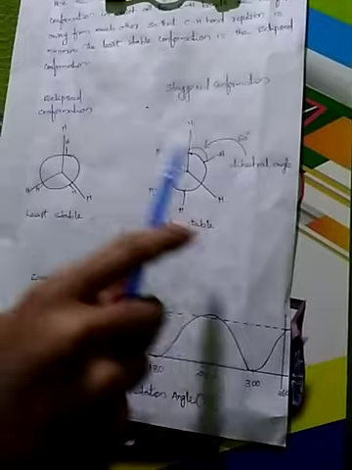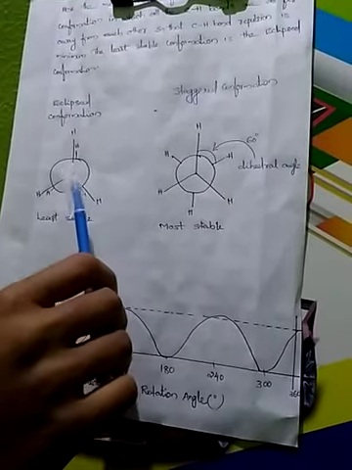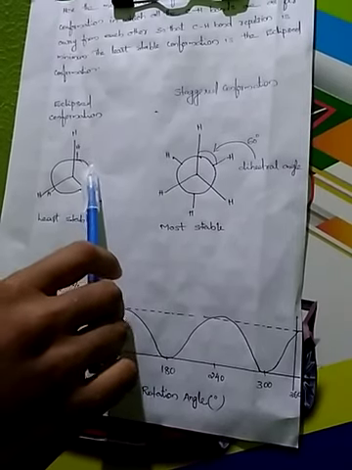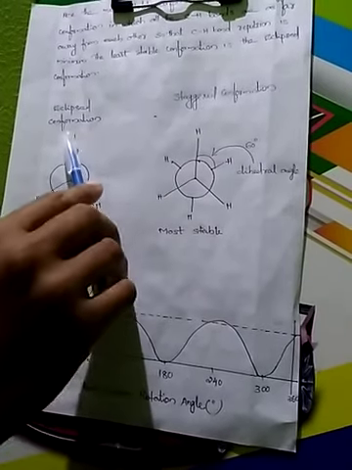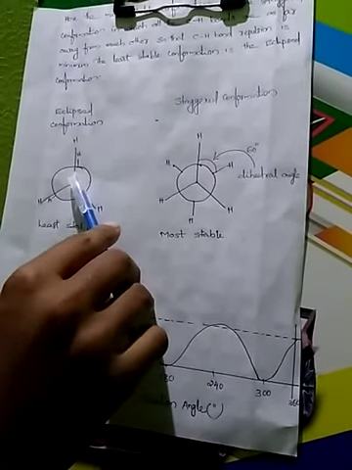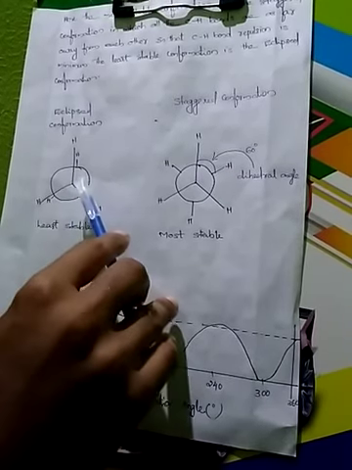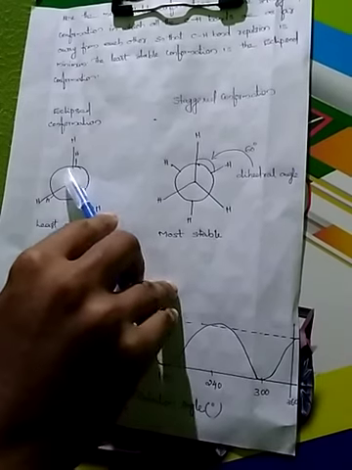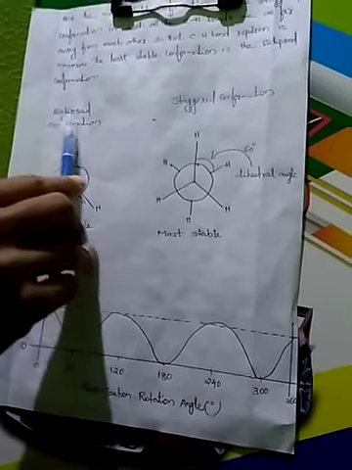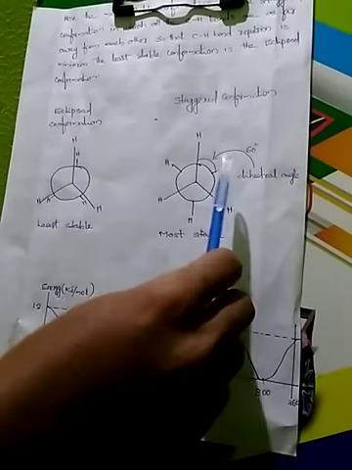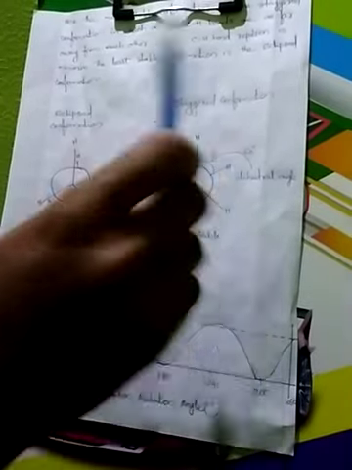This is the eclipsed and staggered conformation. Here is the front carbon atom with 3 CH units, and behind this circle there is the back carbon atom, with its CH units. So the angle between the front and back CH units is 0 in the eclipsed conformation, while in the staggered conformation this dihedral angle is 60 degrees.